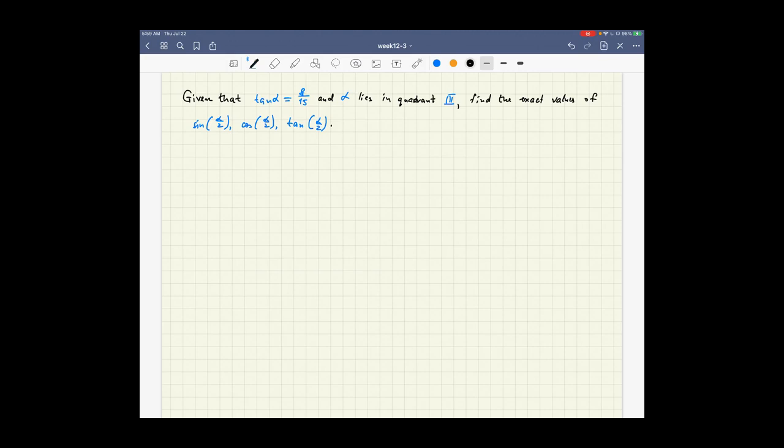So the idea is this. Let's first draw this situation using the unit circle.